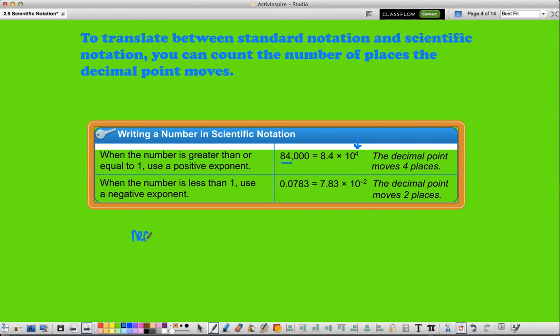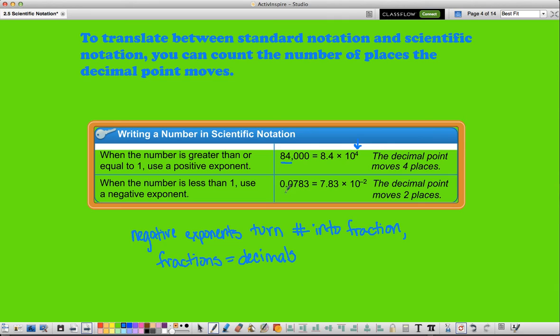We know that negative exponents turn the number into a decimal. Well, actually, we should say into a fraction. And we know fractions can turn into decimals.